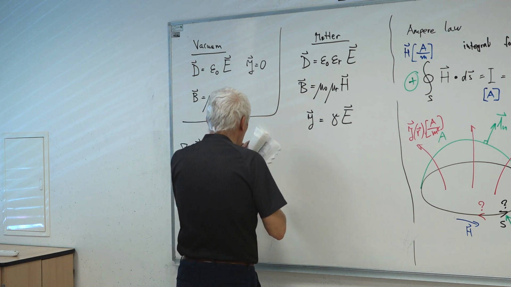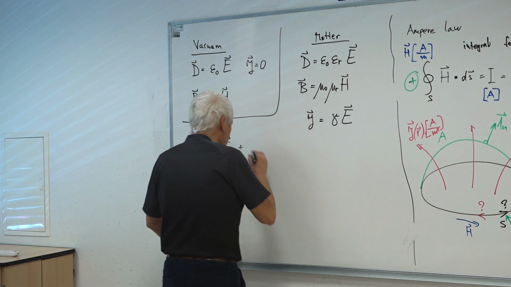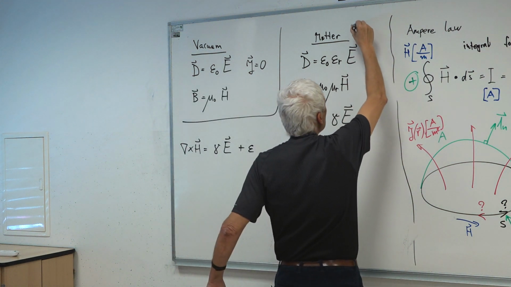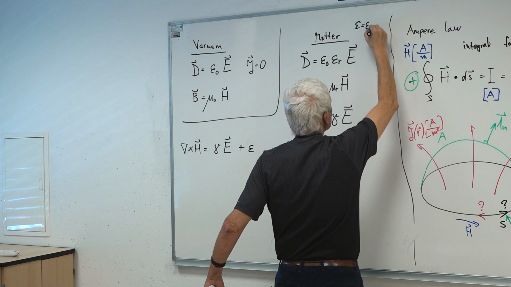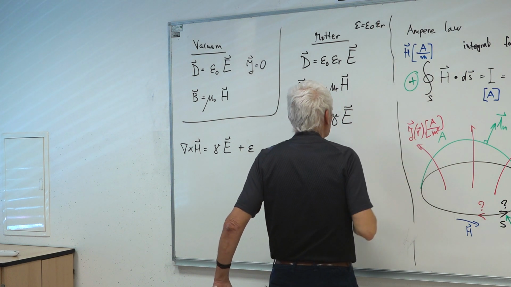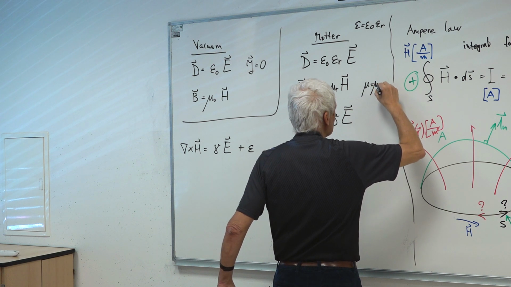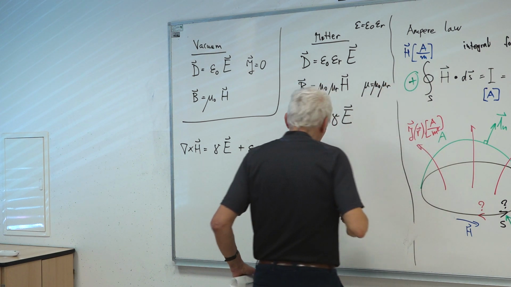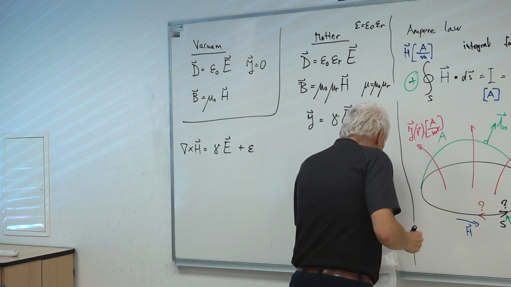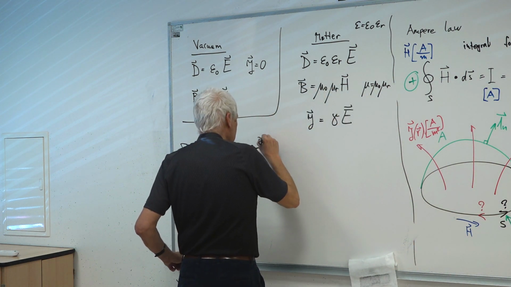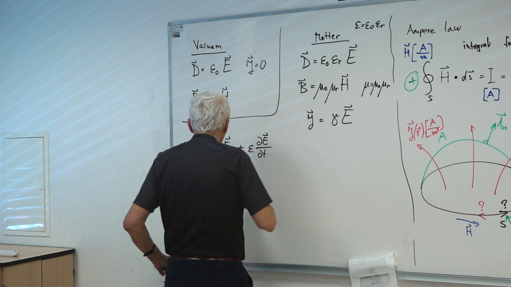I'm just going to write the permittivity as a single letter epsilon. So epsilon is epsilon 0 times epsilon relative, and mu is also mu 0 times mu relative, to keep the equation simple. Times the derivative of the electric field over time.